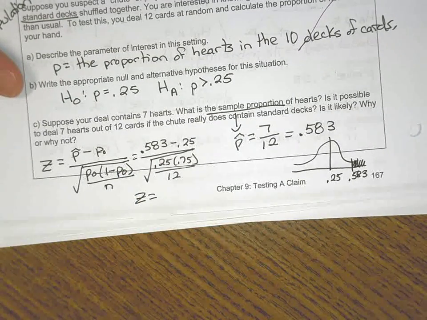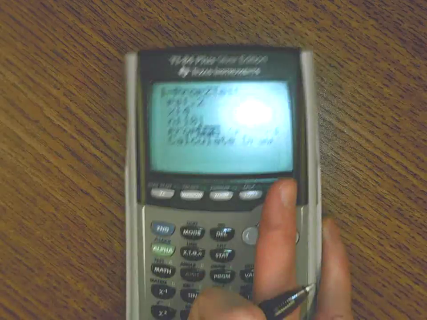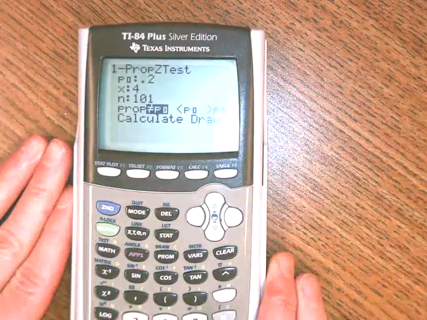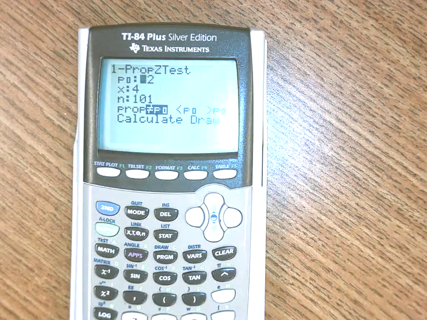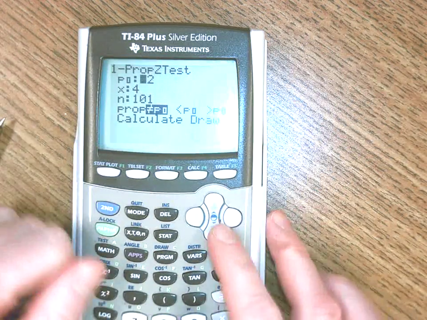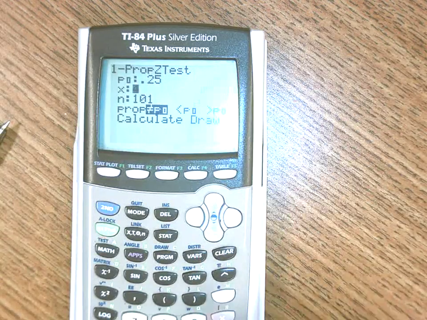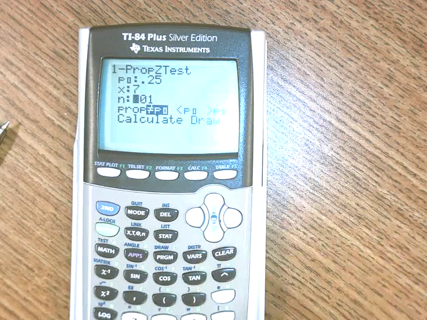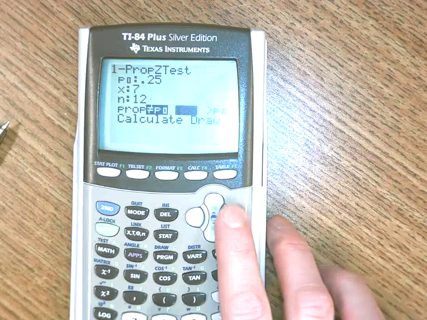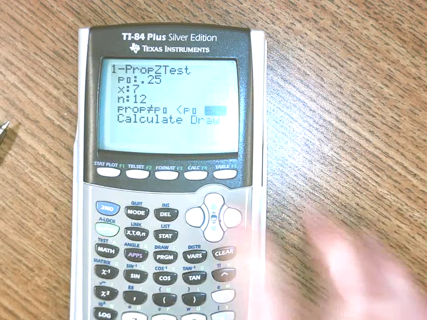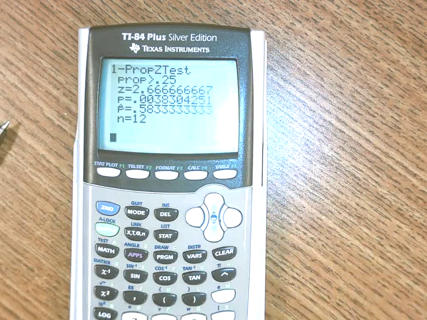Let me go calculate this really quick. I'm actually just going to run through the test. One prop z test: I went to stat, over to calc, and found 1-PropZTest. Our proportion right now should be 0.25. We had 7 hearts out of 12 cards, and I'm guessing that it's more than, and I calculate.